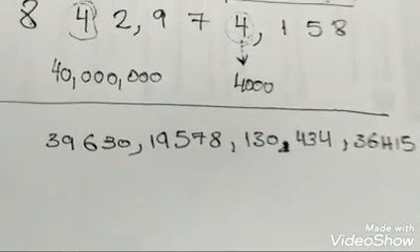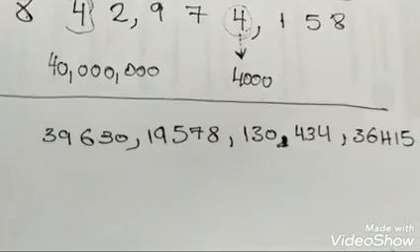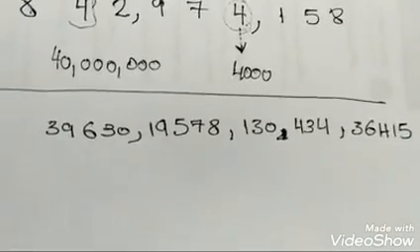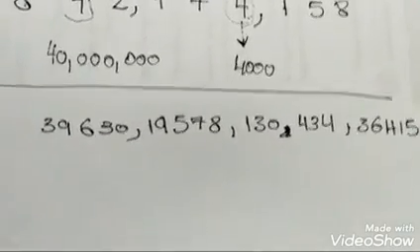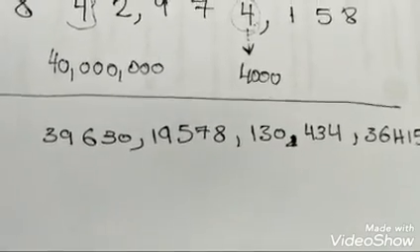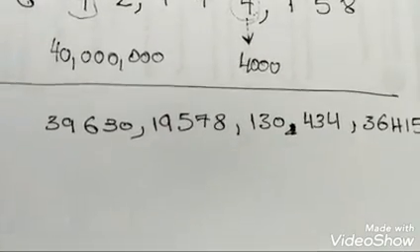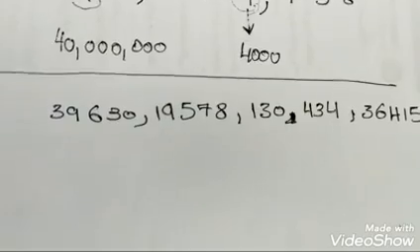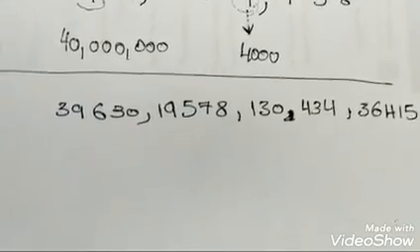So first of all, I have to make a comparison between them to order them. How can I compare? First, I have to align their digits by place value.